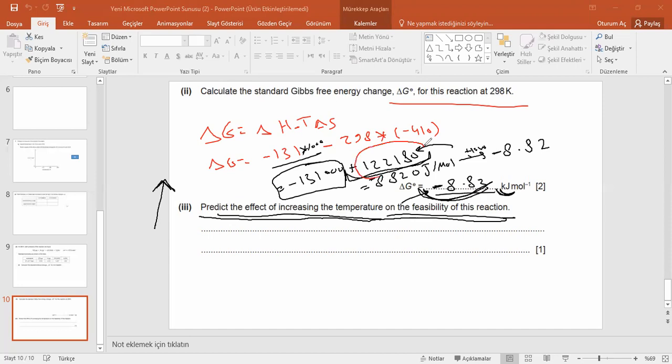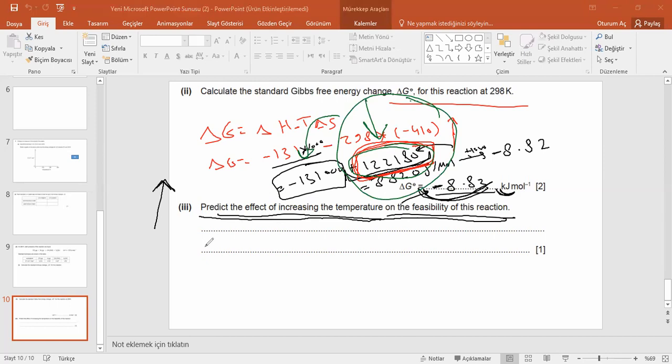But how will this side be larger? If you increase the temperature, the number here increases as well, until we reach the point at which this side will be larger than this side. So when this side is larger, then the reaction is not feasible.